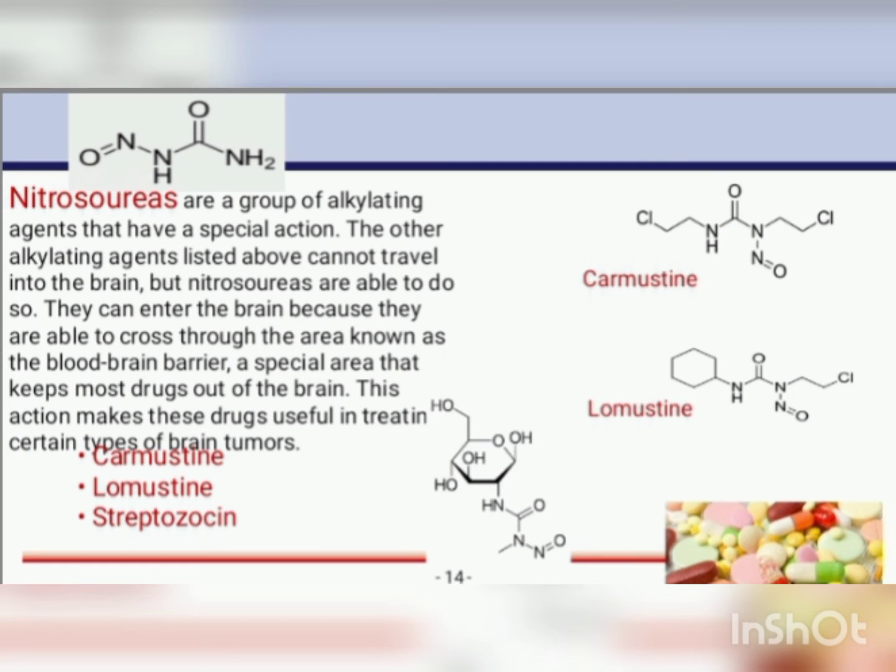The other one is lomustine. Lomustine, original brand name CeeNU, now marketed as Gleostine, is an alkylating nitrosourea compound.